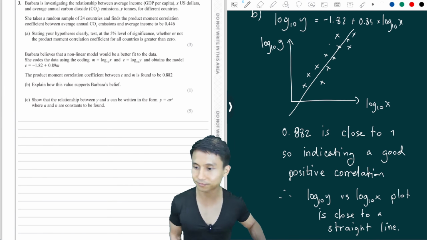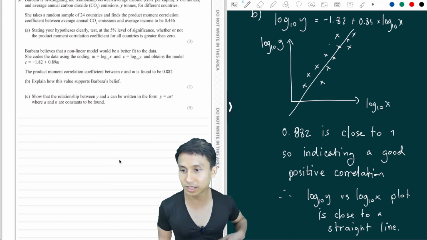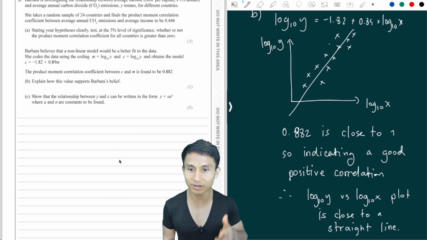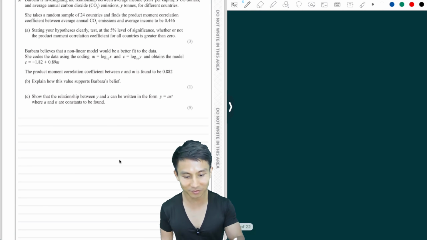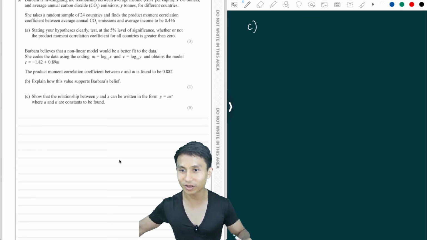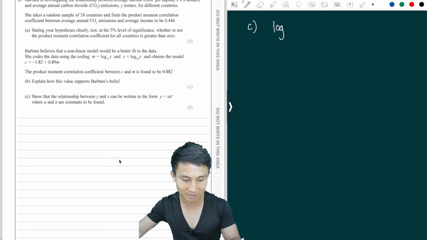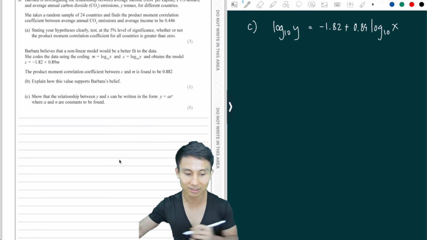All right. Now, next part C. Show that the relationship between y and x can be written as that. Well, this is probably pure math, right? So part C, we already got earlier that log base 10 of y equals minus 1.82 plus 0.89 times log base 10 of x.